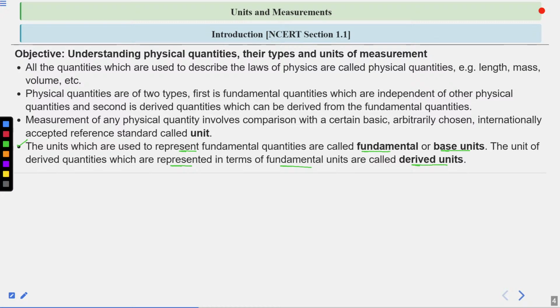Base units are for fundamental quantities which are independent of other physical quantities, whereas derived units are derived from fundamental units, or we can say derived from base units. That's why we call them derived units.